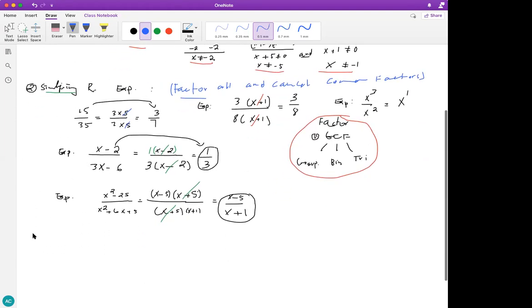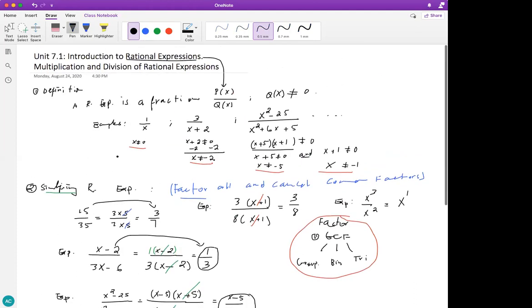So let's go over to number 3. Now we're going to see how to do the multiplication of rational expressions. Again, you may say simplify or reduce. Reducing to the lowest terms means the same thing.